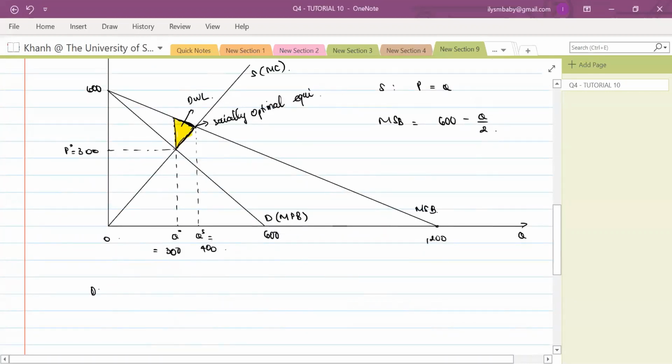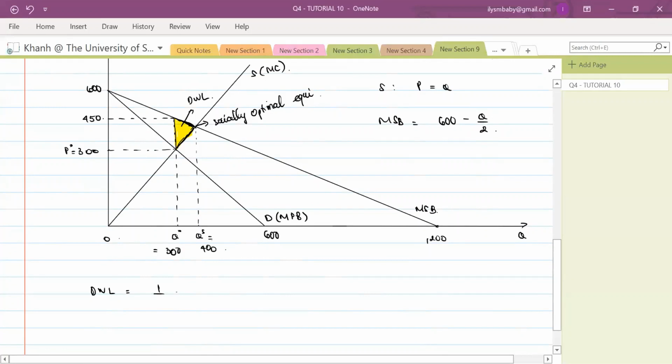To calculate the value of the deadweight loss, we know that the height is 100, which is the difference between the two outputs. For the base, we calculate the value at quantity 300 for the marginal social benefit. If I substitute Q equal to 300, I get 300 over 2, which is 150. 600 minus 150 is 450, so the value over here is 450.